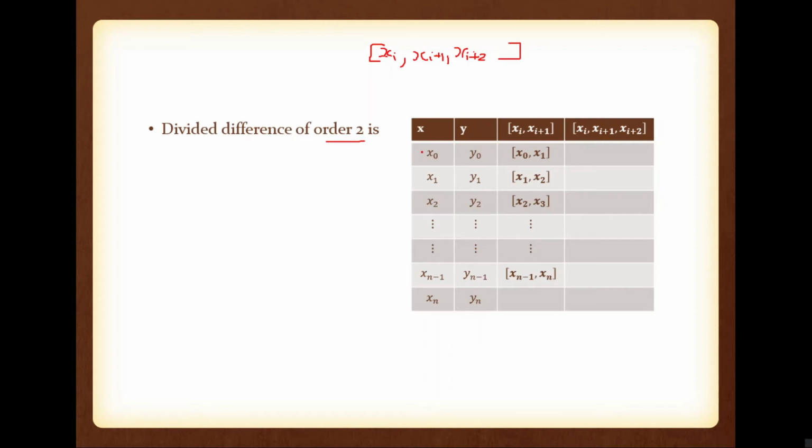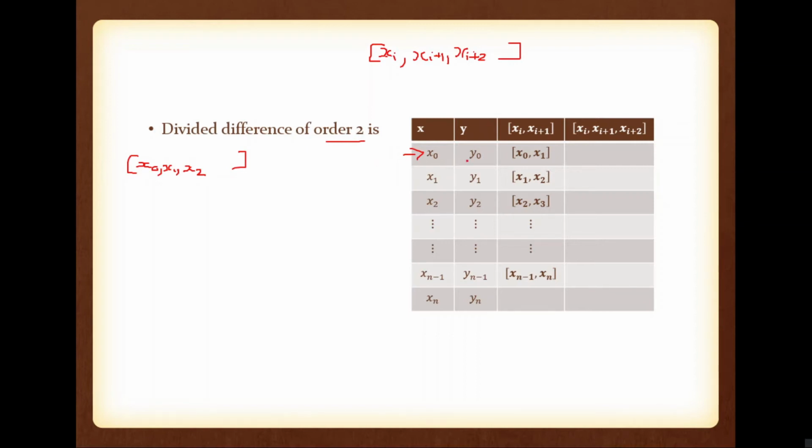So corresponding to x0, what is the second order divided difference? In square brackets, what do we have to write? Exactly, x0, x1, x2. So [x0, x1, x2] is the divided difference of order 2 corresponding to the row x0.